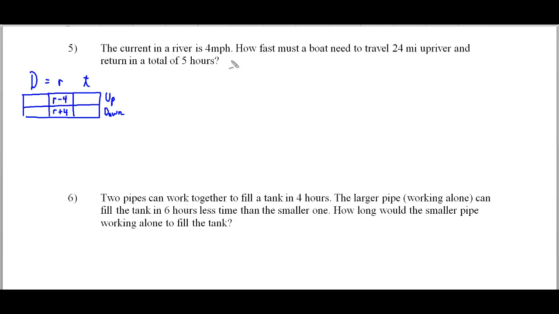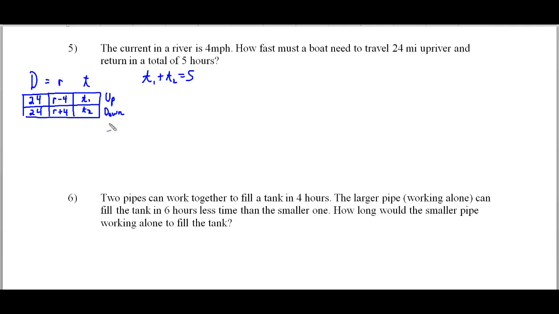Now we know that the boat must travel 24 miles upriver and then return, so each of these has a 24 by them since the distance is the same, in a total of 5 hours. Well, we don't know how long it's going to take for the first time and the second time, but we know that adding those together, t1 plus t2, is equal to a total of 5.